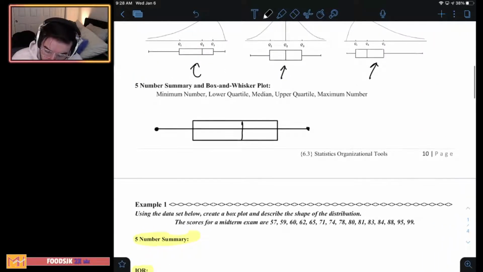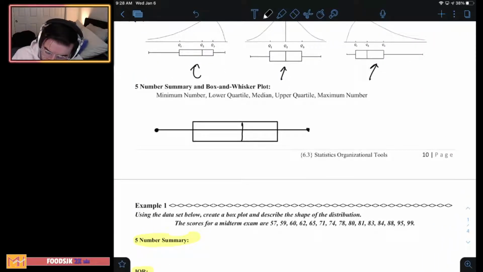On the left side is always the minimum, and on the right end is always the maximum, and then the middle line is always the median. I almost said mean, but it's the median. On the left here is Q1, and on the right here is Q3.